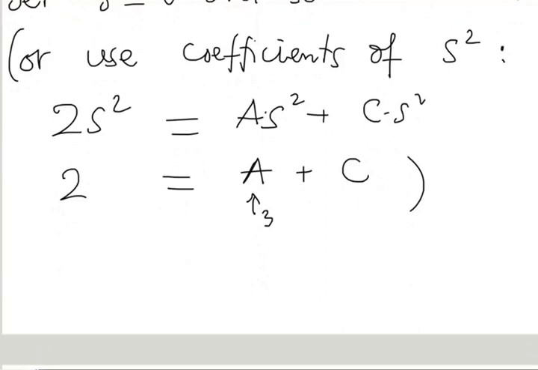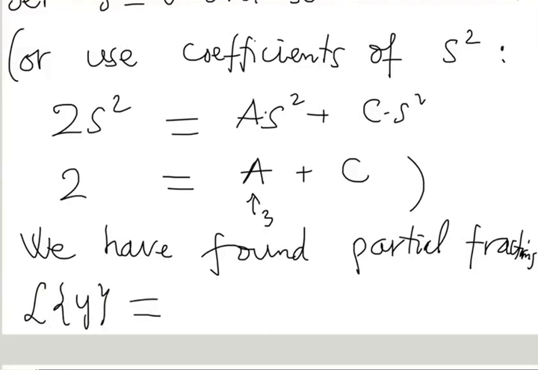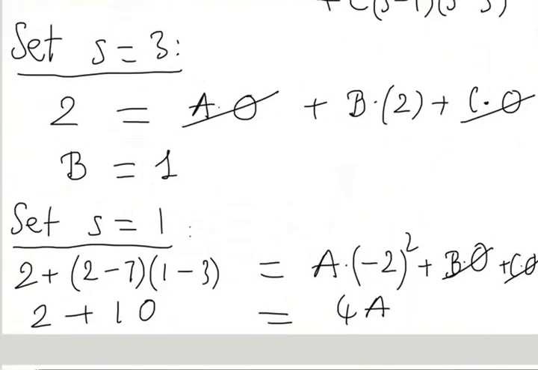So that's your choice. You can use either method, but sometimes combining the two methods would give us a faster way. But anyway, we have found the partial fractions of the Laplace transform of y, which is the fraction. Let me not rewrite the fraction. Instead, write in the partial fraction.